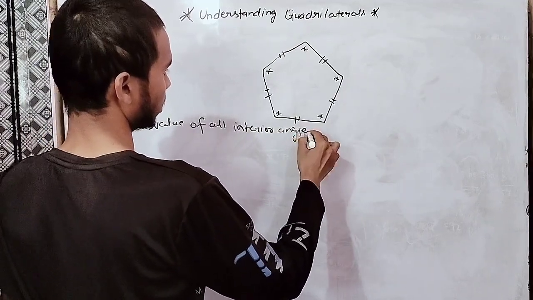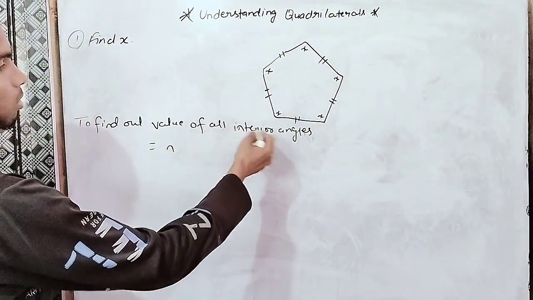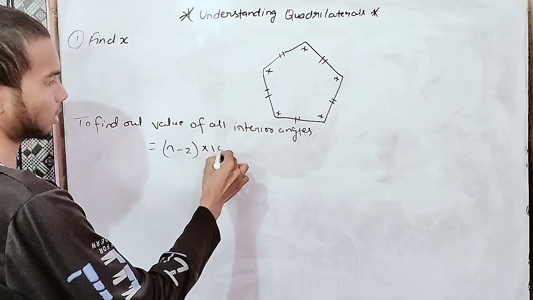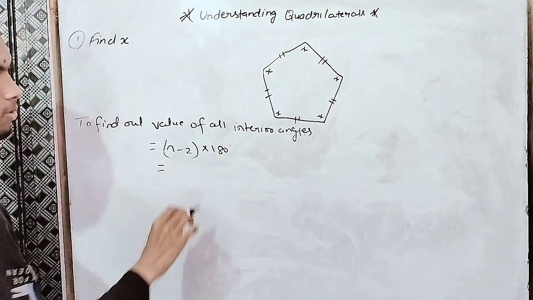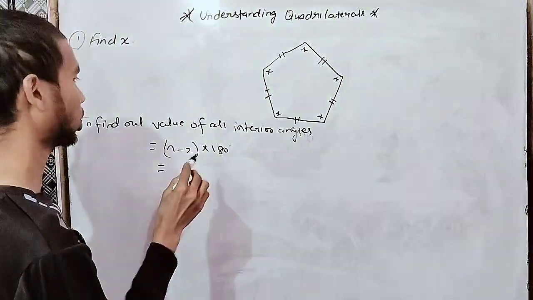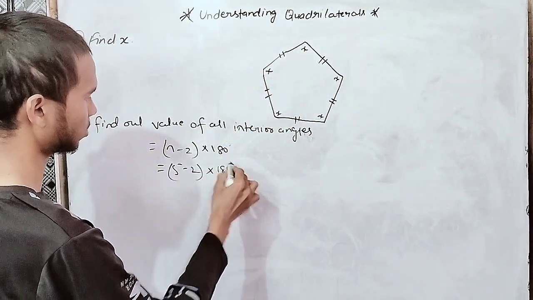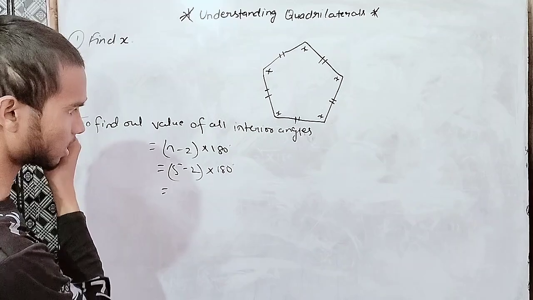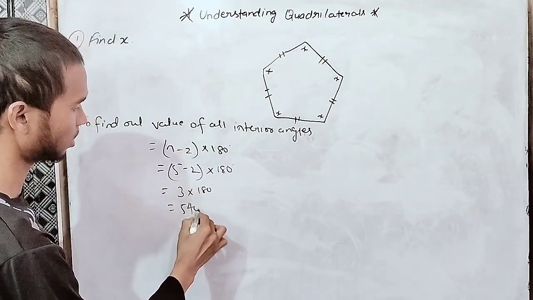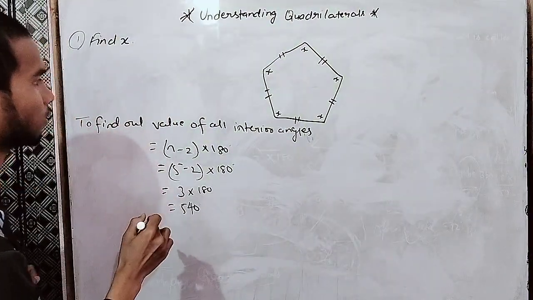So 5 minus 2, let's simplify it: 3 times 180. So the value of all interior angles is 540.